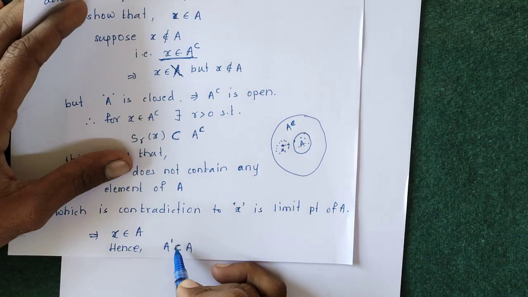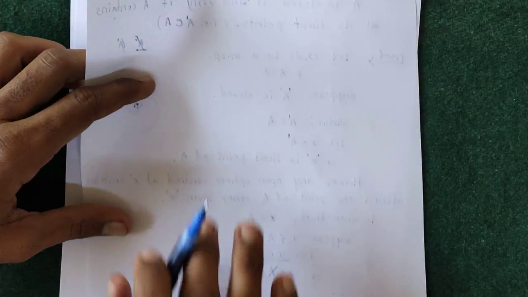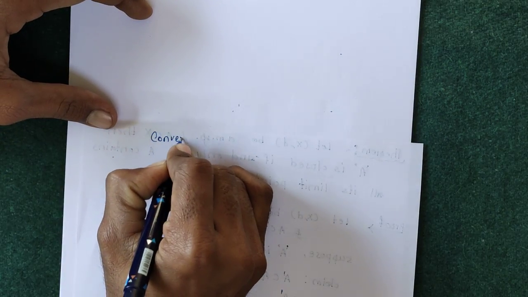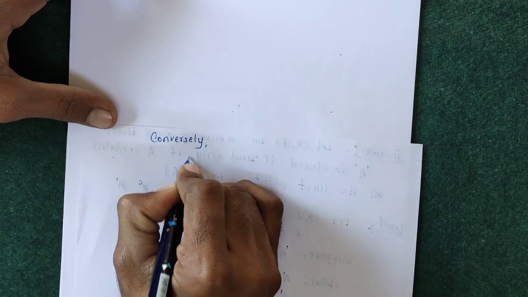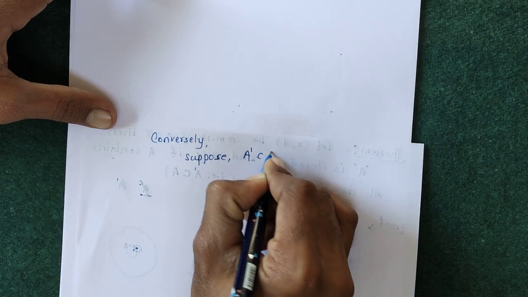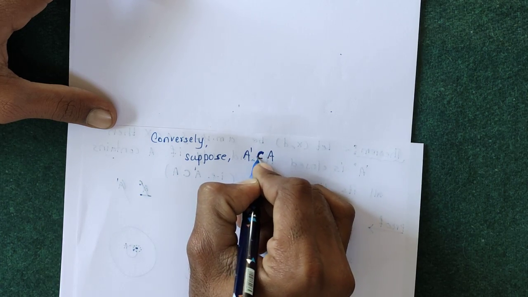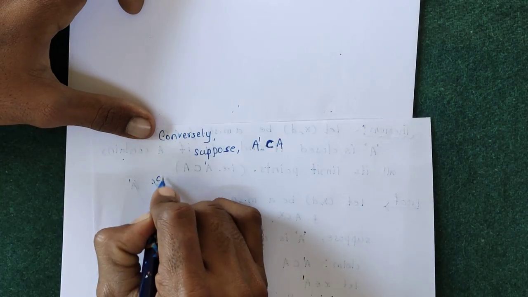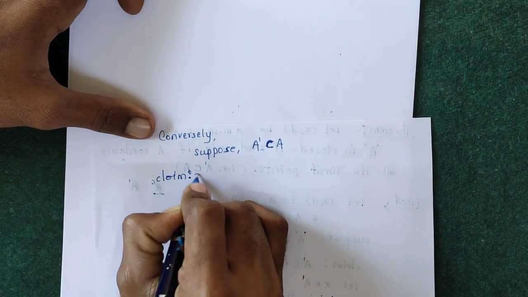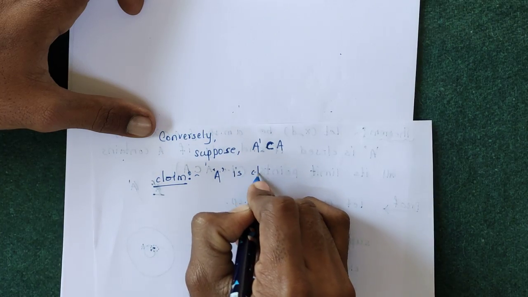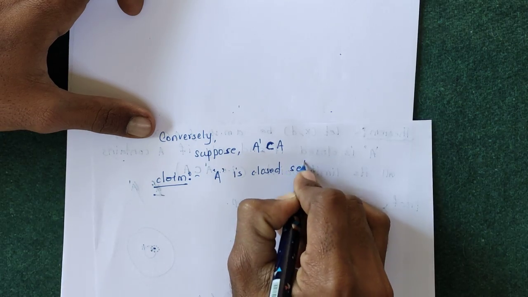Now, conversely, we will suppose that A contains all its limit points, and we will prove A is a closed set. Now, conversely, suppose A contains all its limit points, that is, the limit points of A are a subset of A. Now, our claim is A is a closed set.